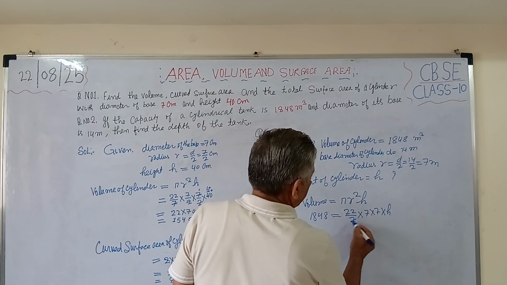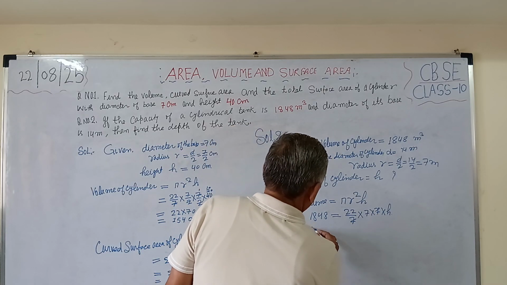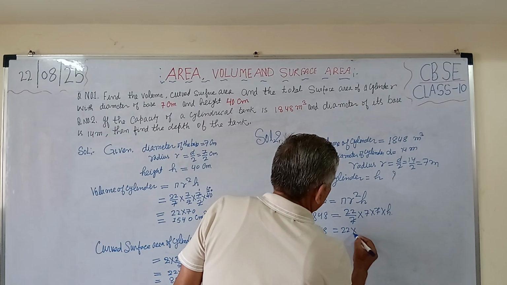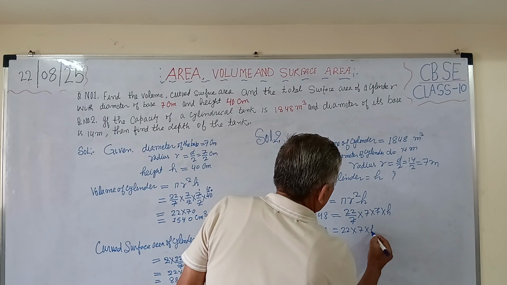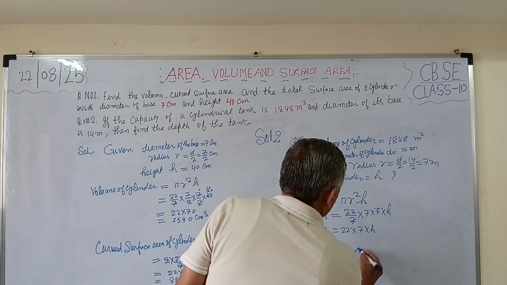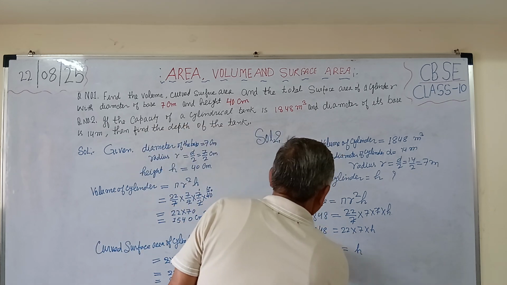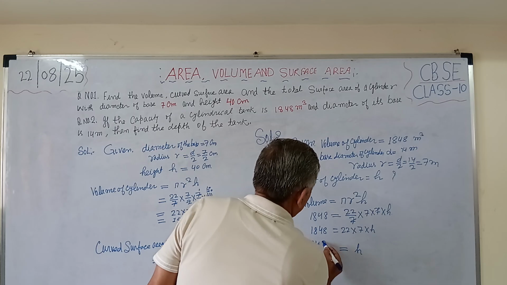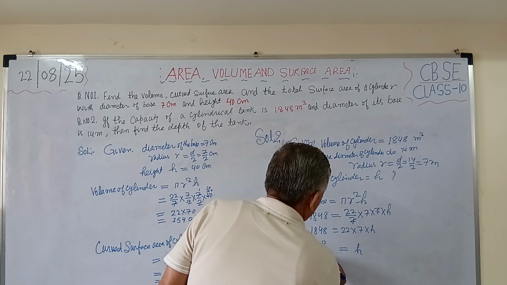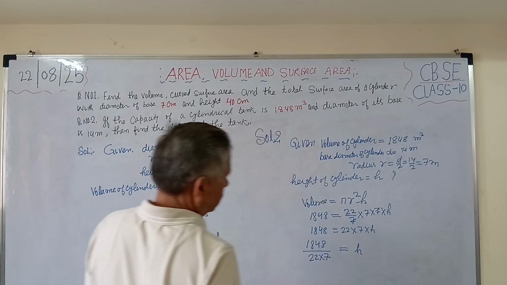Now the 7 cancels with 7. So in next step I will write 22 into 7 into H. Therefore H will be equals to 1848 upon 22 into 7.